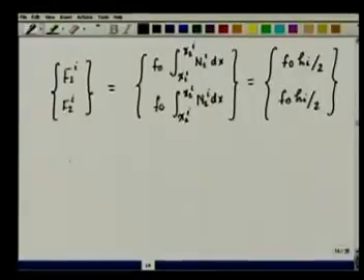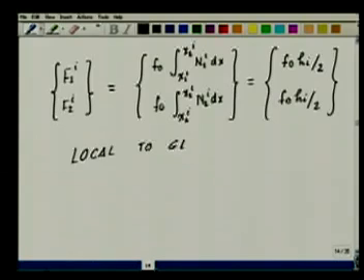I would like to know which of the global entries they have to be added to. So for that we need the so-called local to global enumeration or numbering.